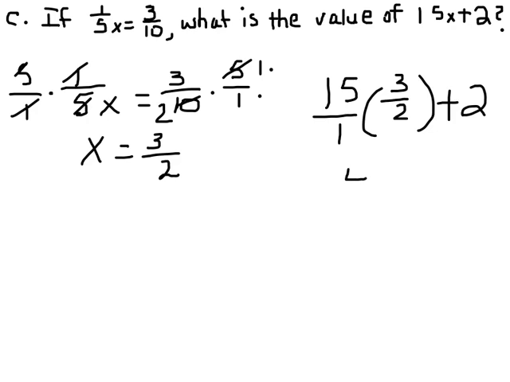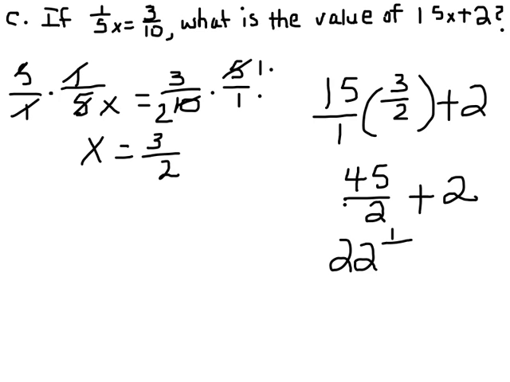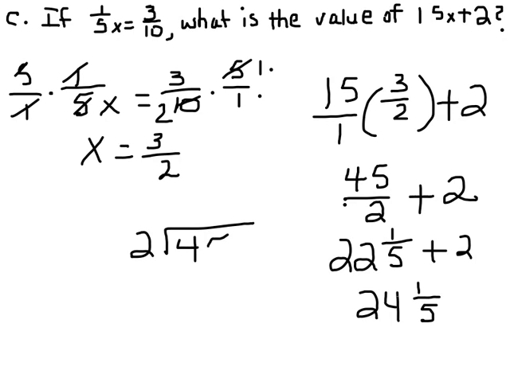15 times 3 is 45 over 2 plus 2. Now I'm going to need to simplify this from an improper fraction to a mixed number to add 2 to it. So 2 will go into 45, 22 and 1/2 times, plus 2 is 24 and 1/2. Alright, and remember how I got 22 and 1/2? I said 2 into 45.